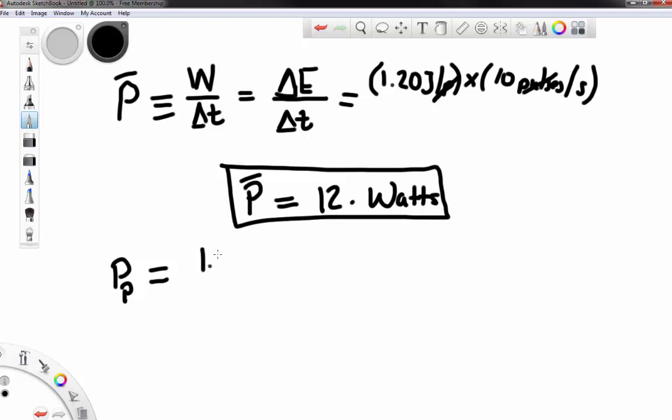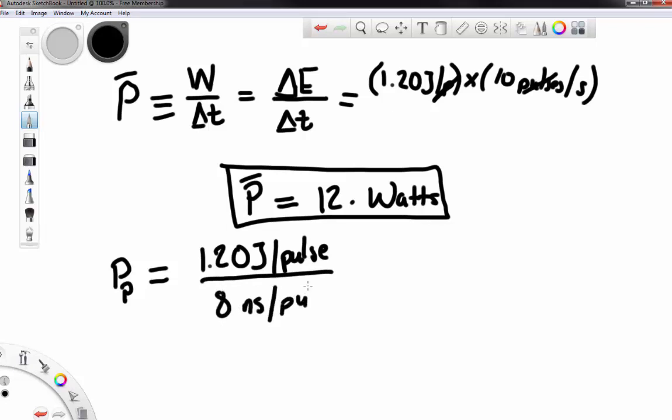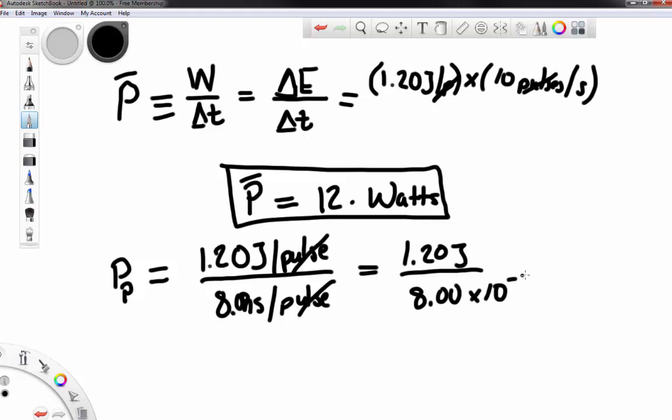So that would be 1.2 joules per pulse divided by 8 nanoseconds per pulse. Or I guess this was 8.00 nanoseconds. So the per pulse part goes away. This is the same as 1.2 joules divided by 8.00 times 10 to the minus 9 seconds, because a nanosecond is 1 times 10 to the minus 9 seconds.